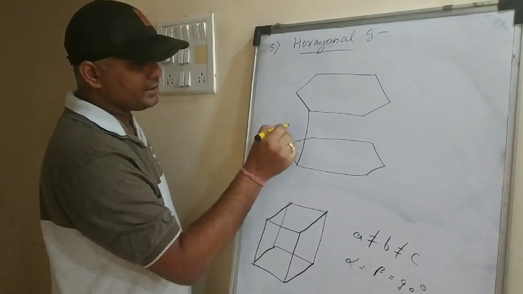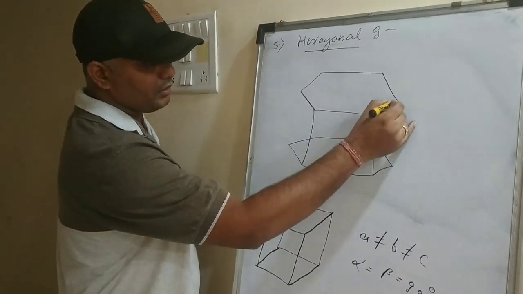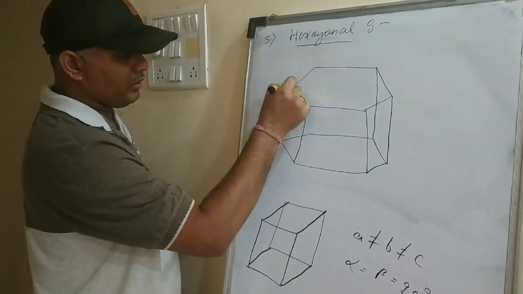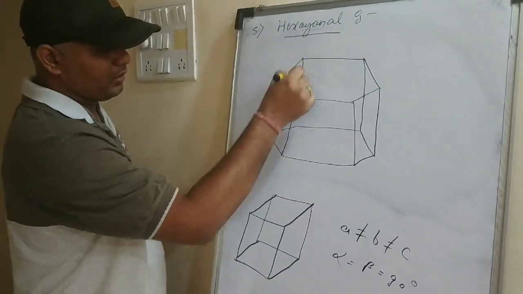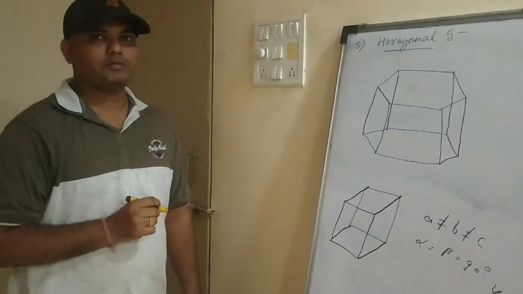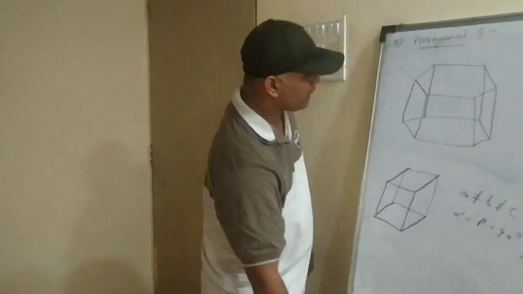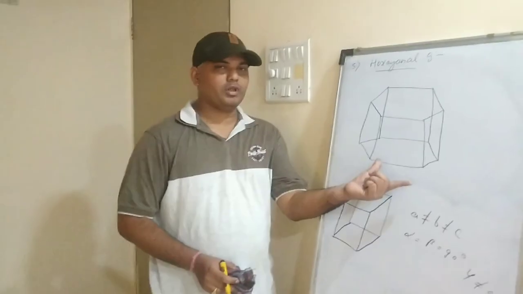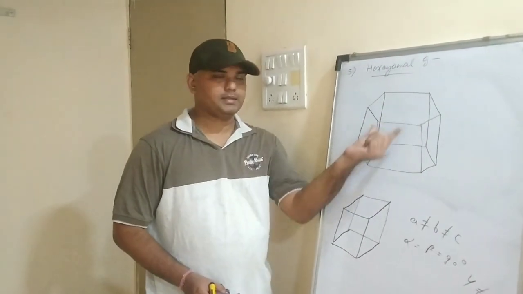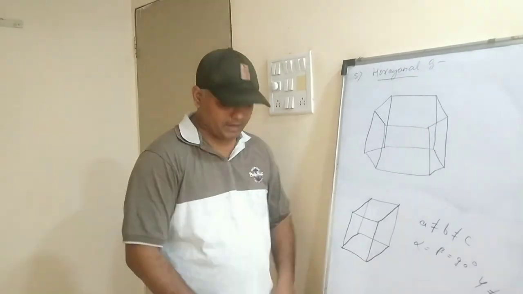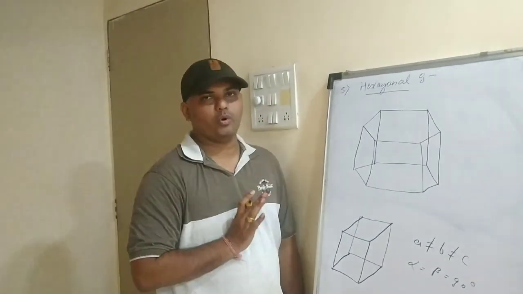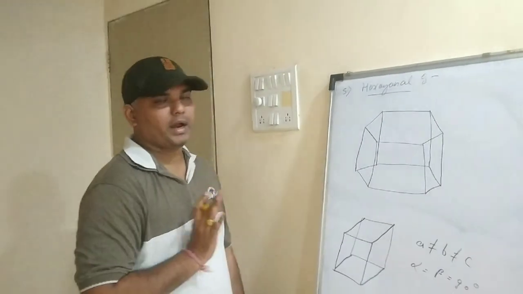Just join the two ends. Right? So this becomes your hexagonal. I hope that you have understood how to draw the hexagonal: two benzene rings and join those two benzene rings, right? See, drawing this particular structure is always going to be difficult on the board, right? It will take some time to practice.